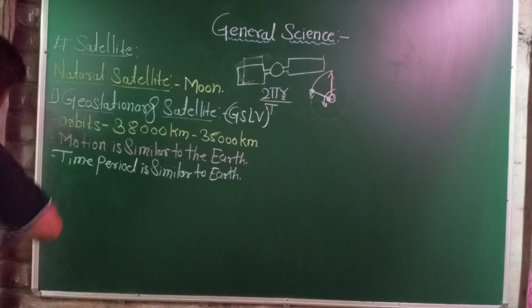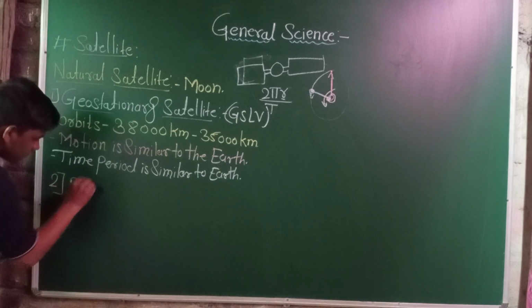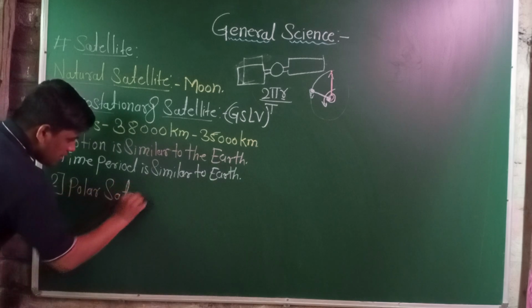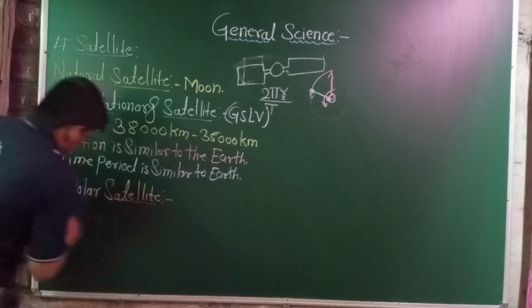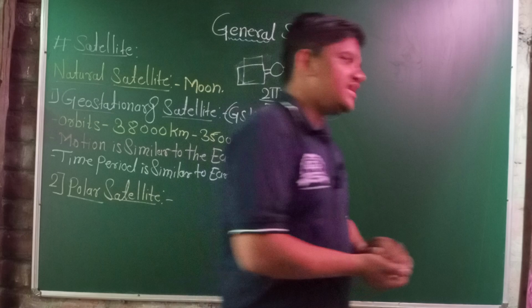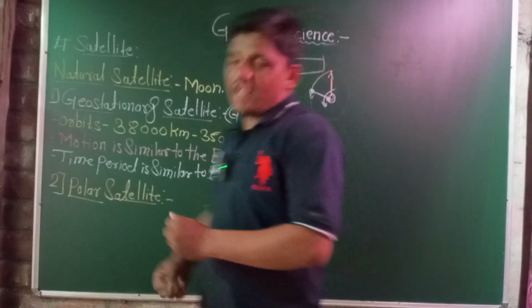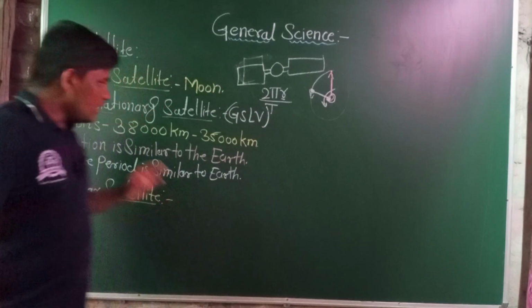The second type of satellite is the polar satellite. This satellite is launched by the PSLV, the Polar Satellite Launch Vehicle.